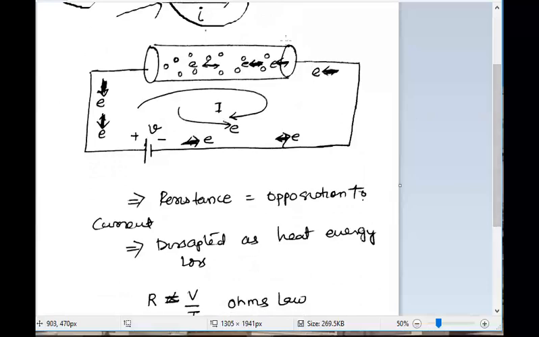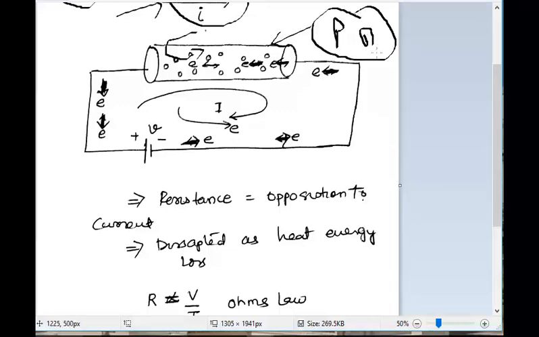Again, if you talk of a simple conductor like a copper wire as shown here, it will have many atoms inside it, and each of these atoms will have a proton and also a neutron, and this will be the nucleus.